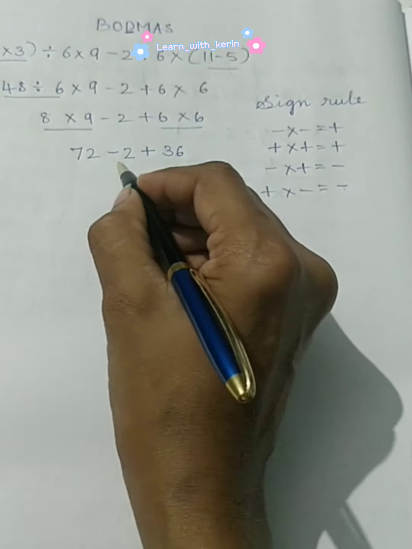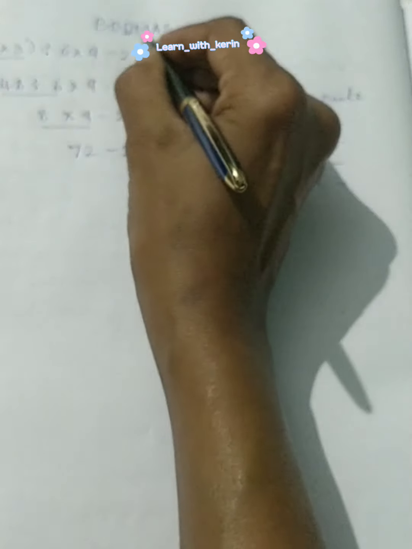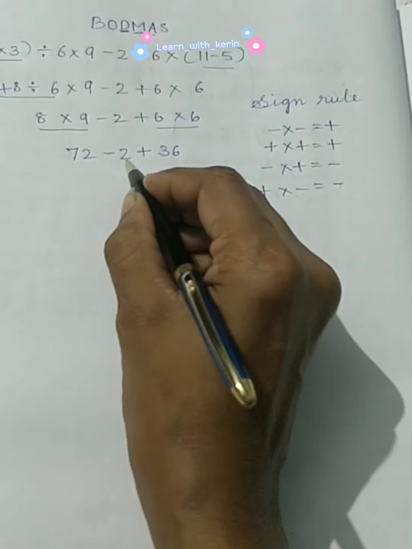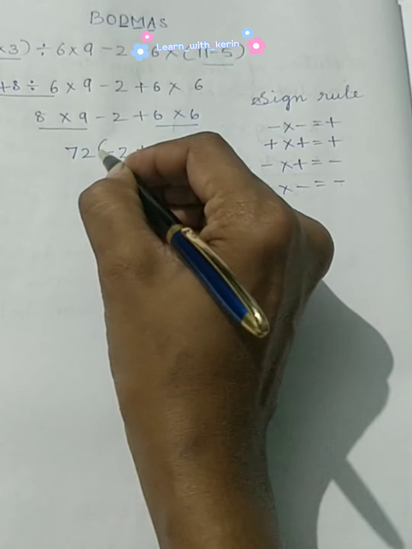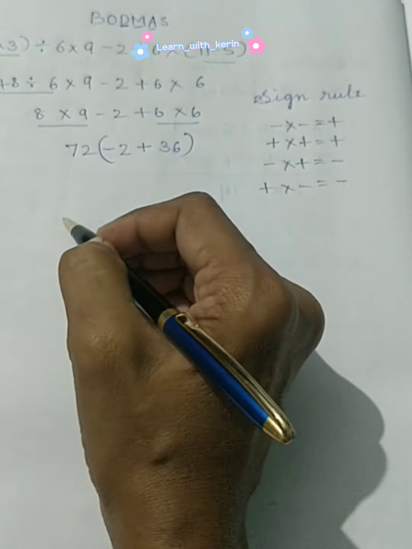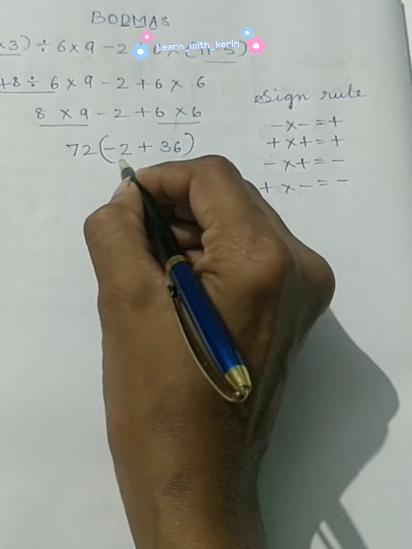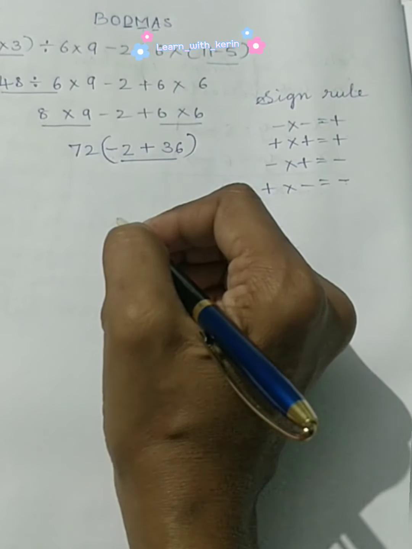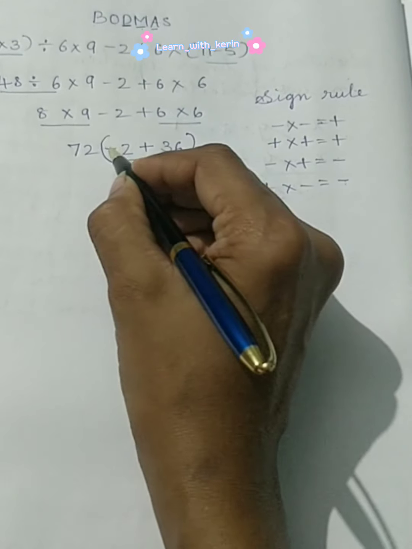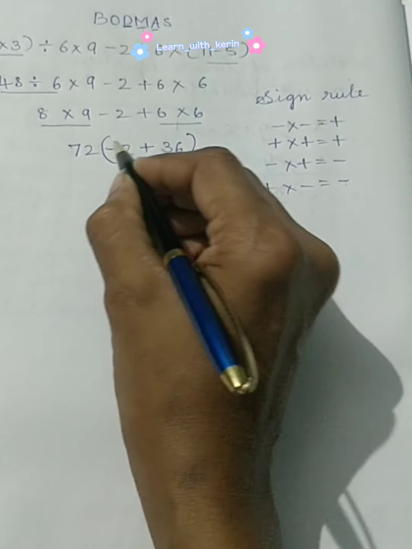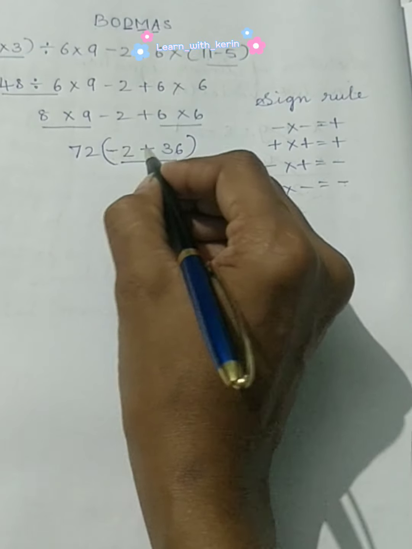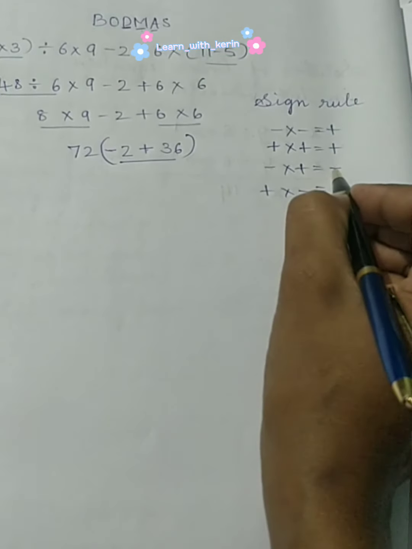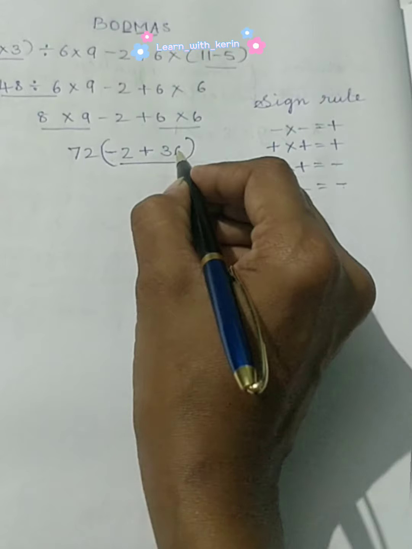For example, here after multiplication comes addition. Now we have to solve this sum. We cannot leave the minus sign because 2 is coming along with a minus sign. Now, how to solve such types of sums? We have to use the sign rule. We have to multiply the given signs. Minus into plus is minus. That means we have to subtract the given number.